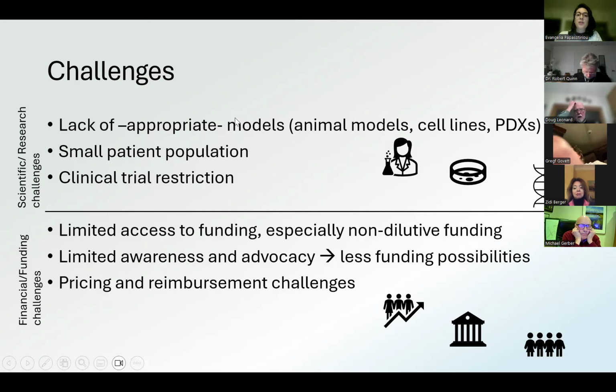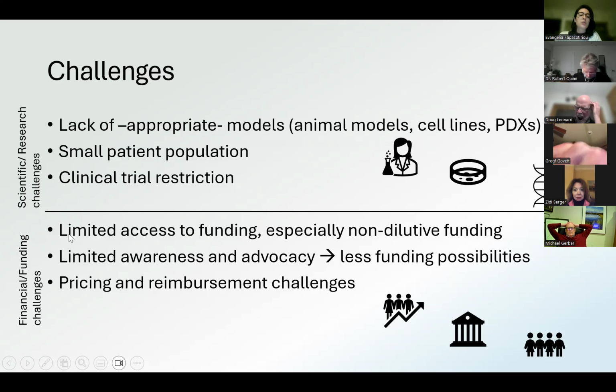But like every endeavor, even the ones with a higher cost, they have challenges. So I have divided the challenges into two groups, the scientific and research challenges and the financial and funding challenges. Usually, especially for rare cancers, we lack appropriate models such as animal models, cell lines, or PDX, and one of the most important arguments is that we have a small patient population, which also impacts the clinical trial design later on.